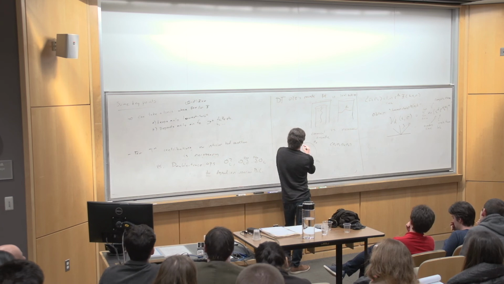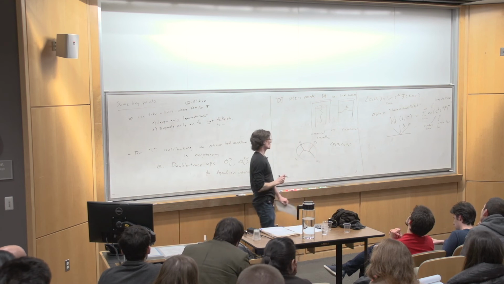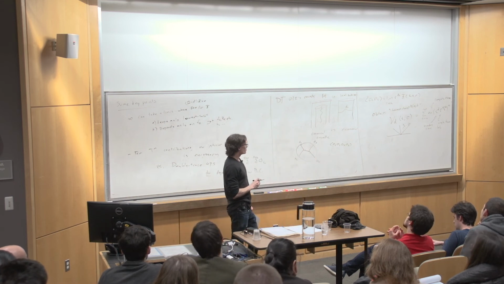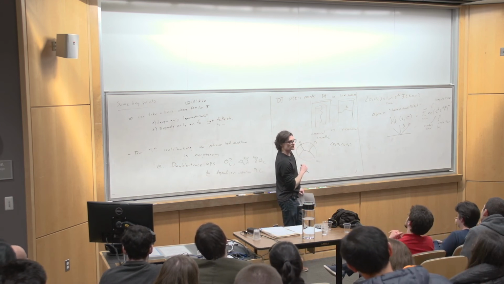You would compute a Witten diagram where you use this bulk-boundary propagator, and then you have a single graviton exchange. What that would give you is the contribution from the stress tensor and double trace contributions.